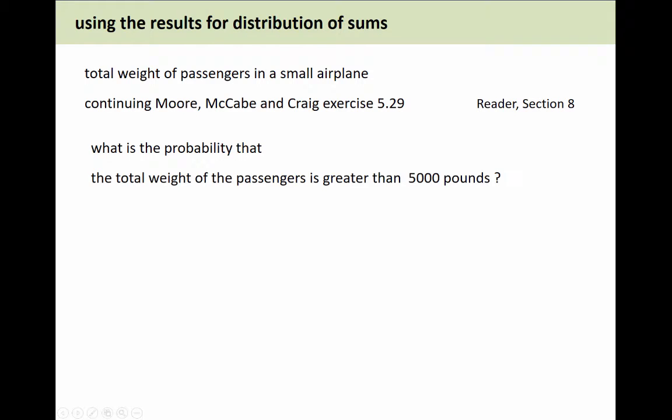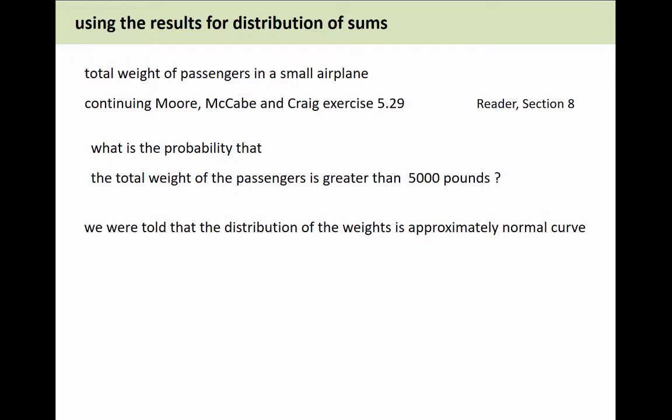So now we're going to use these results to answer questions like this in the reader in section 8. What is the probability that the total weight of these passengers is greater than 5,000 pounds?